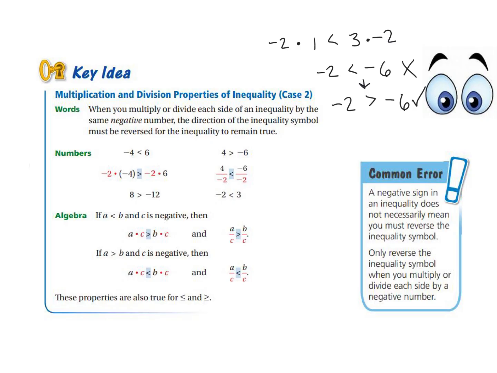Anytime I multiply or divide by a negative number, I need to flip my inequality symbol, because now -2 is greater than -6. This is now a true statement. This works for any one of the inequality symbols, and for either multiplying or dividing. And again, it's the number that I'm multiplying or dividing by, not whether I get a negative answer or not.